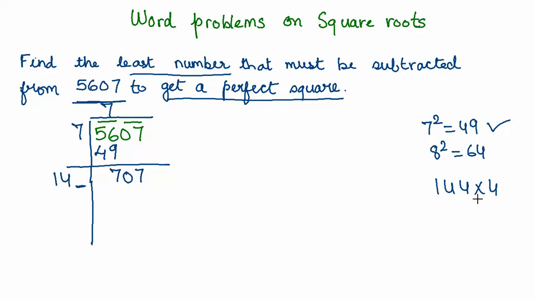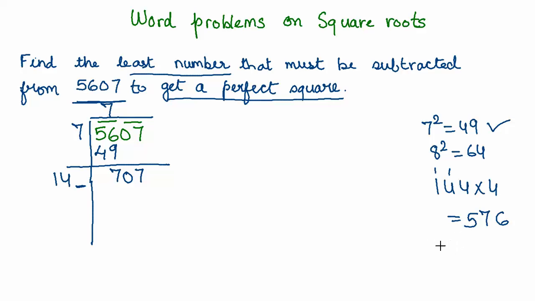That's the method. So when I do 144 times 4, 4 times 4 gives us 16, we carry over 1, again 4 times 4 is 16, plus the carried 1 is 17, carry 1, 4 times 1 is 4, and we get 5. So 144 times 4 is 576.